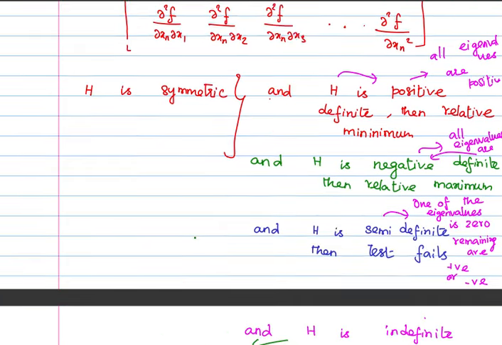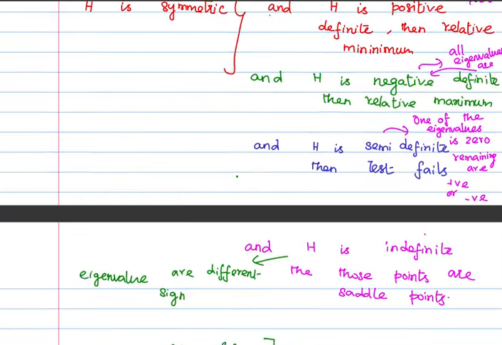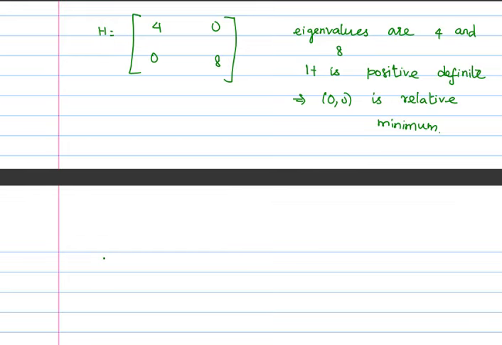The second stationary point is (0, -8/3).